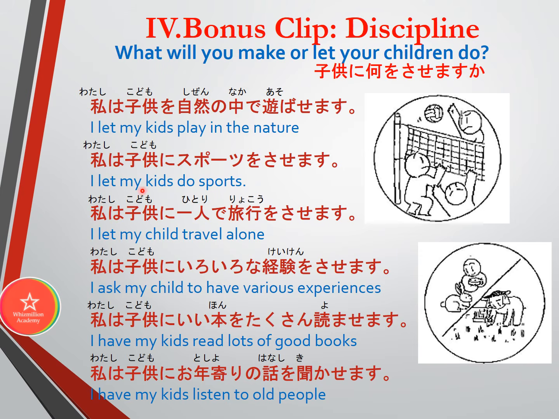I let my kids do sports. 私は子供にスポーツをさせます。させます is a transitive verb, so the particle attached to 子供 is に. I let my child travel alone. 私は子供に一人で旅行をさせます。Once again, させます is a transitive verb, so the particle attached to 子供 is に.